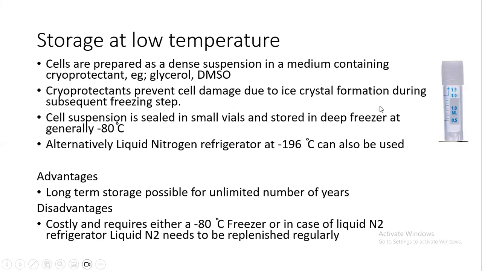However, this is one of the best methods, that is known as cryopreservation. It's the best method for storage of cells, and here you don't even need to reconstitute your cells.